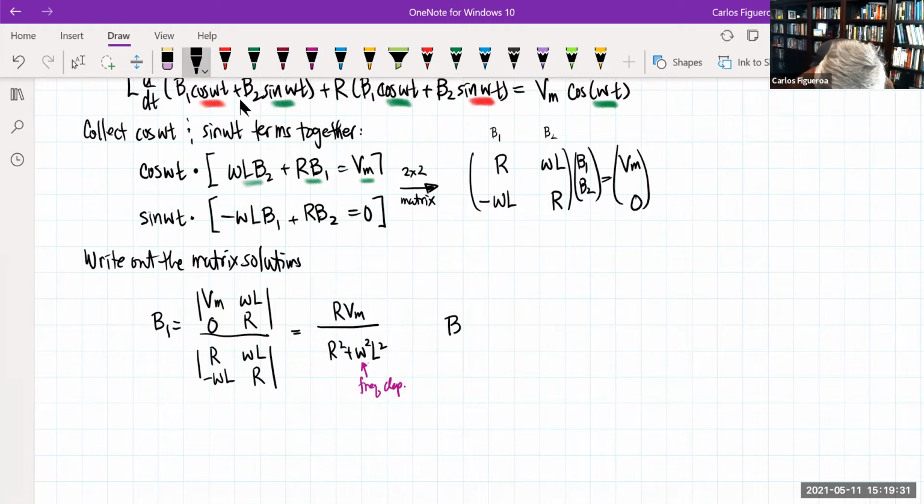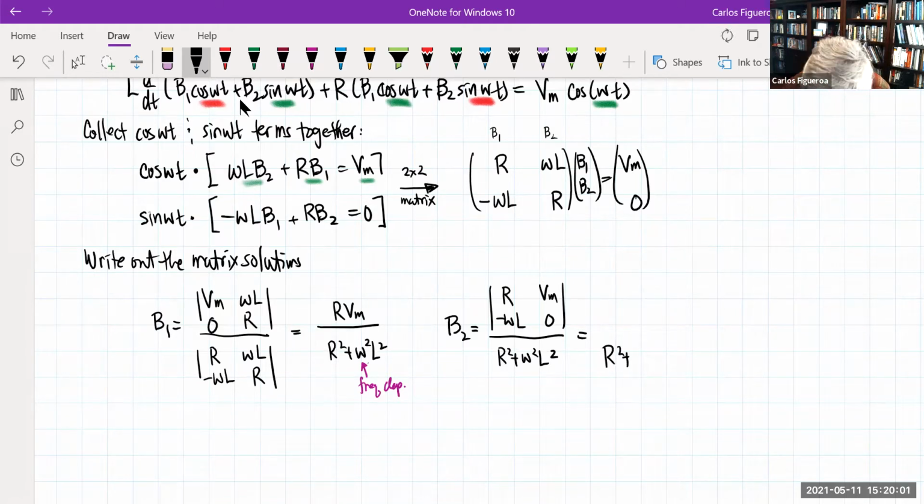Now, if I do the same thing for B2, don't let me screw up here, right? So then I got to replace it with the B2. So then I'm going to have this guy here. And so then I'm going to have it for the B2s. This is going to be BM0. But we already know what this guy is. So then you could see here that I'm going to get 0, and then I'm going to get minus minus, which this guy should then give me R squared plus omega squared.